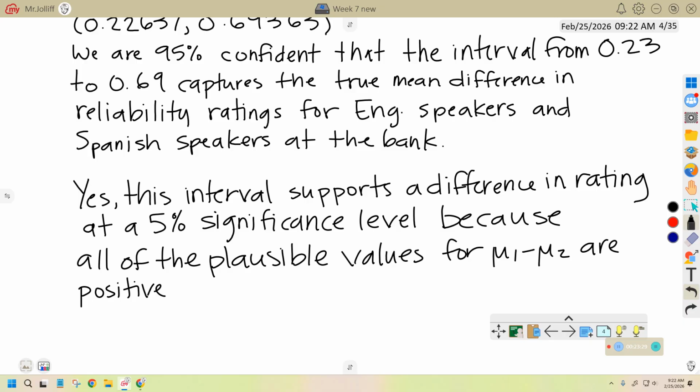But our interval specifically is only positive values, meaning the plausible values for the population average is that the population English speaking average is higher than the population Spanish speaking average, because the difference between those means is positive, firmly. At the 5% significance level, that difference is positive, meaning this bank has a systemic problem of not serving their Spanish speaking population appropriately. Frowny face. Which is some of why these statistical studies are important, right? They point out systemic bias.